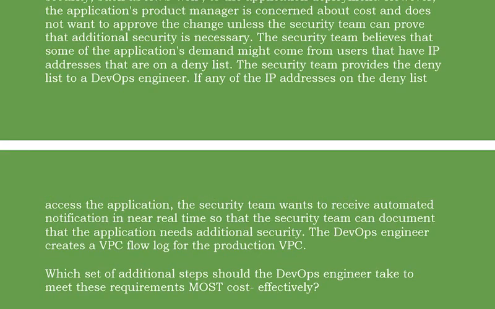If any of the IP addresses on the deny list access the application, the security team wants to receive automated notification in near real time so that the security team can document that the application needs additional security. The DevOps engineer creates a VPC flow log for the production VPC. Which set of additional steps should the DevOps engineer take to meet these requirements most cost effectively?